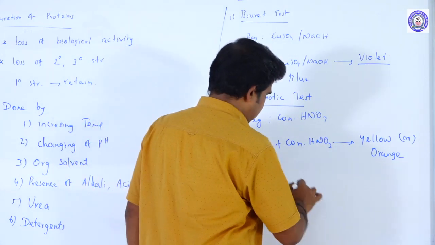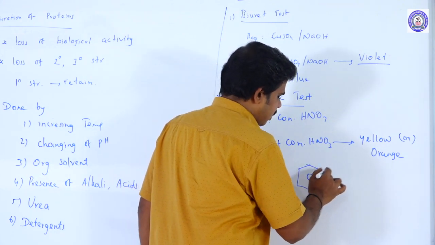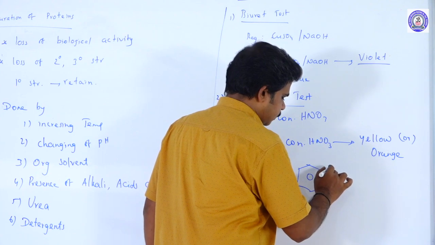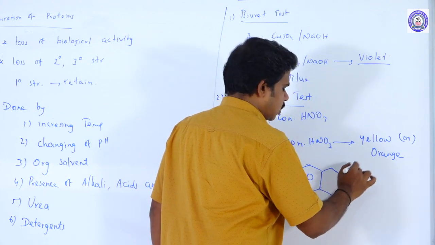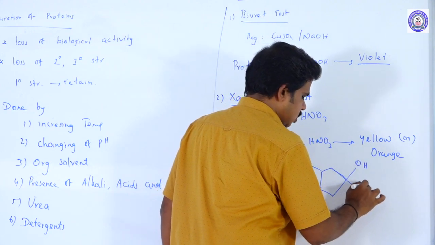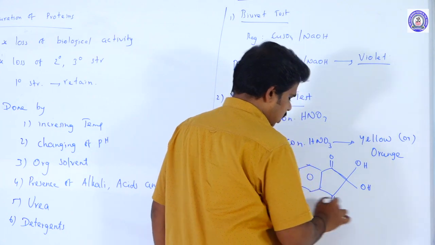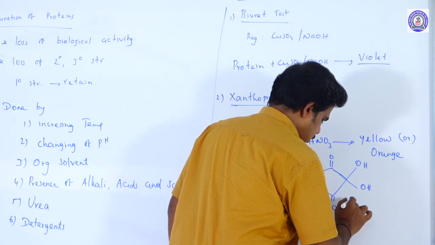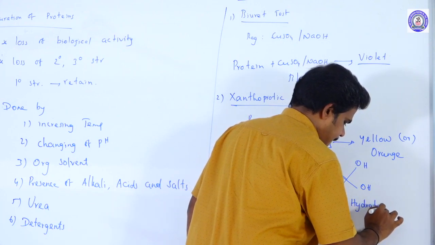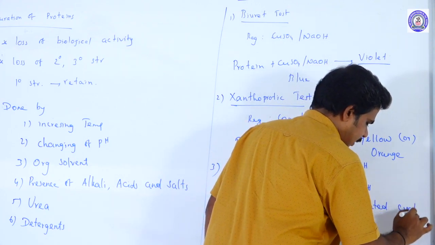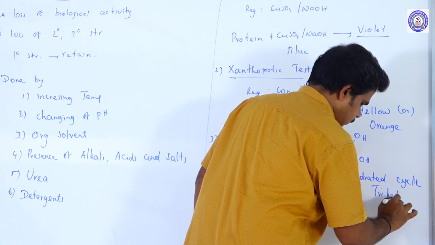The third one is the ninhydrin test. What is ninhydrin? It is a cyclic triketone, with OH and OH, double bond O and double bond O; it is a hydrated cyclic triketone.